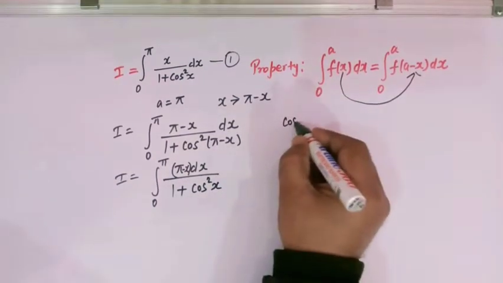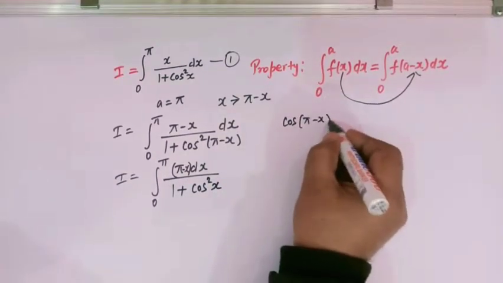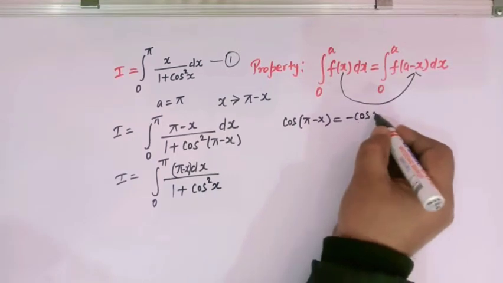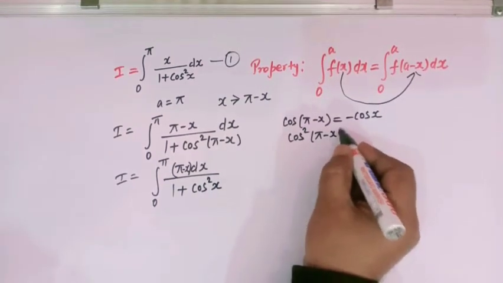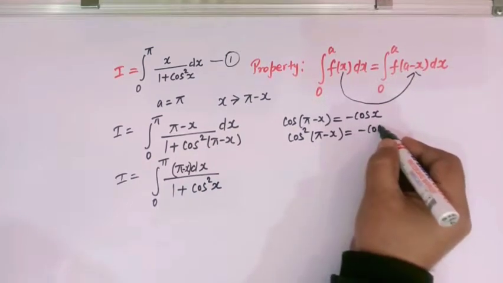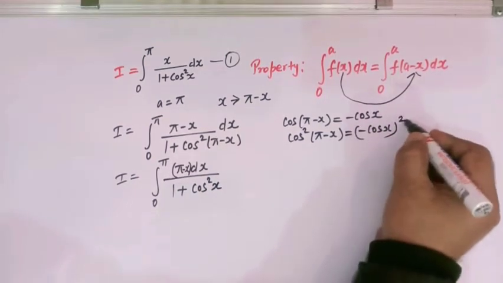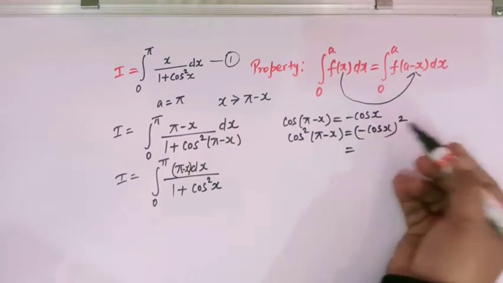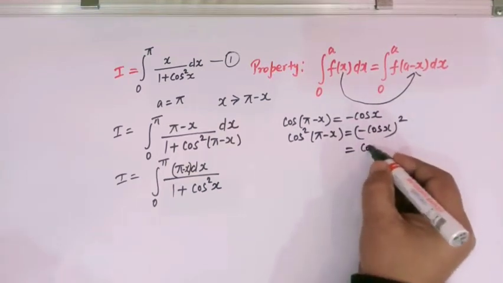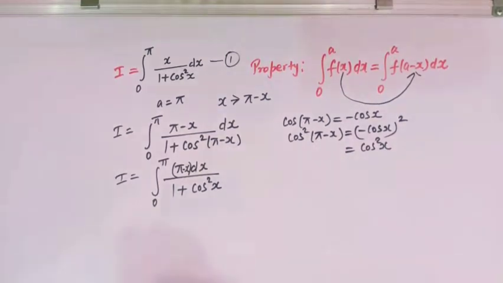Because we know that cos of pi minus x is equal to minus cos x, and cos square of pi minus x is equal to minus cos x whole square. So here we have square of negative is positive, so here we have cos square x, right?